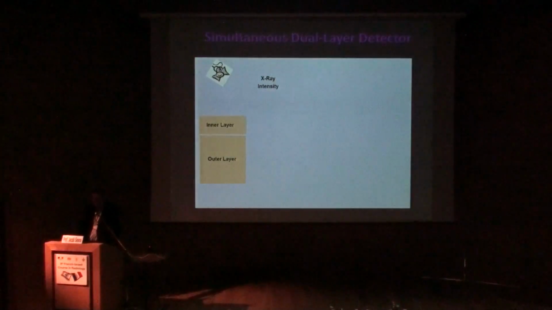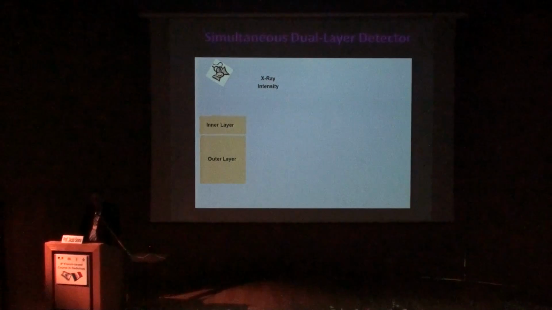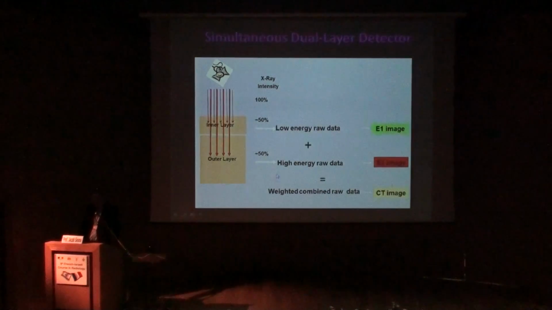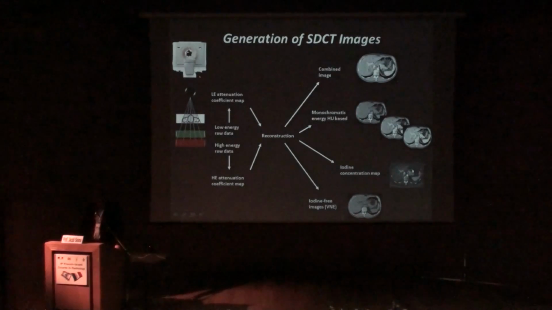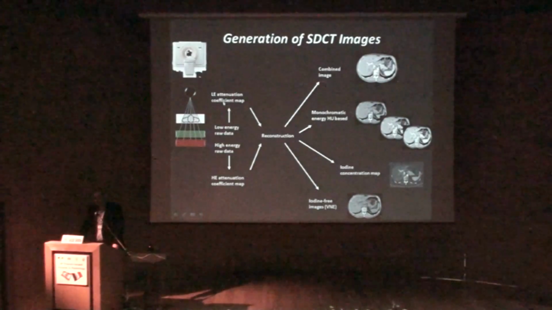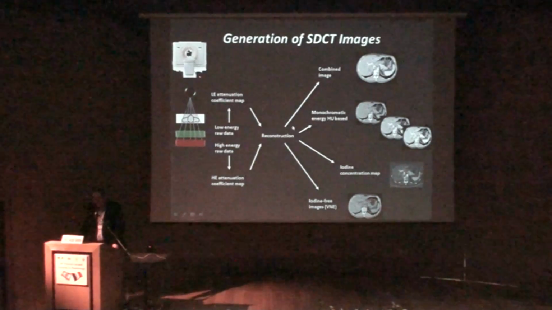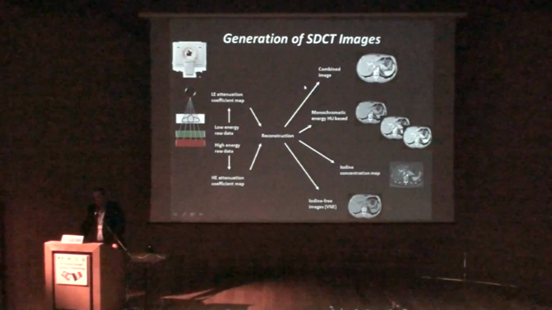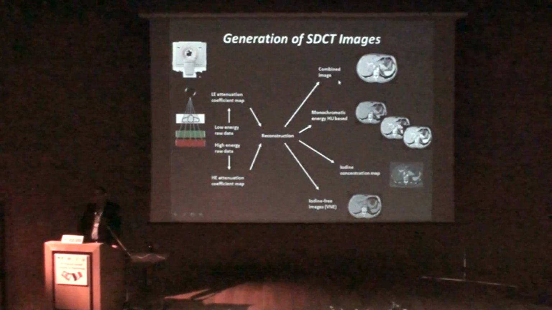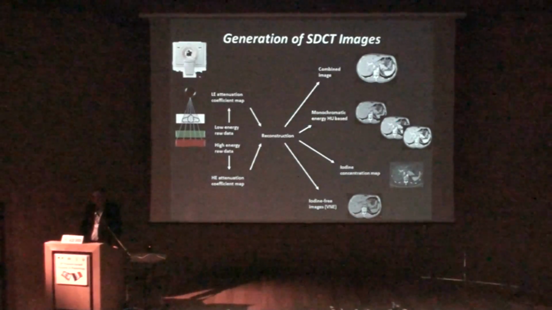So this is a representation of how we get the images. With the inner and outer layer, we absorb 50% at the low and high energy, and we generate the images. And what do we do after that? We have an attenuation map of the low energy and the high energy. We reconstruct them, and we have a few sets of images. That's the combined, the regular image, the way that we are used to looking at images.